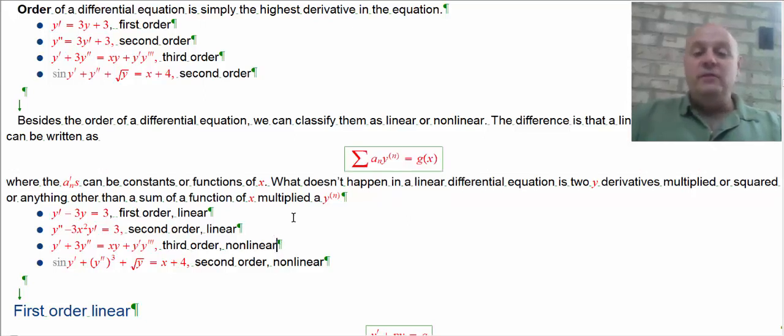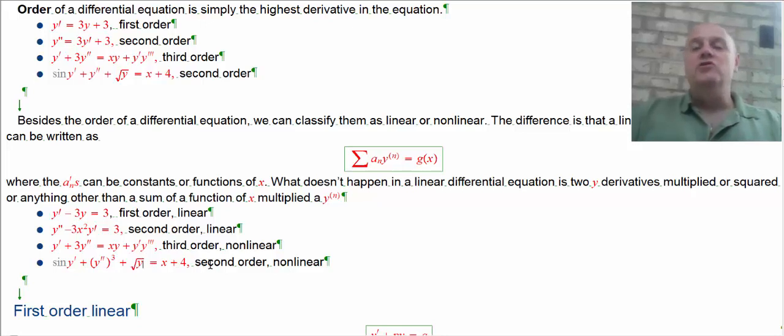So I'm looking for nonlinear things happening to the y, and then I can classify it as nonlinear. The last equation is nonlinear for a lot of reasons. I've got a y prime inside the sine, a y double prime cubed, and the square root of y. Those are all nonlinear things happening to y, so that one's a nonlinear equation.